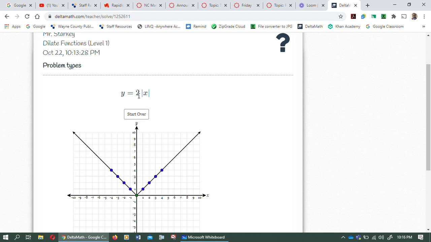So it's going to be a vertical stretch by a scale factor of 2. What does that mean, guys? If the scale factor here is 2, that means that the y values are going to be affected. The y values are going to be pretty much multiplied by 2.